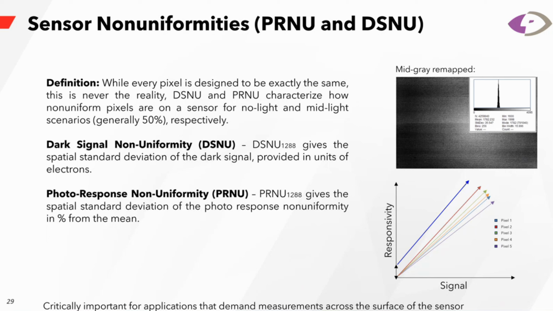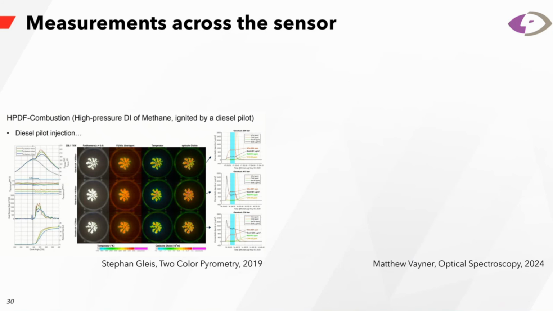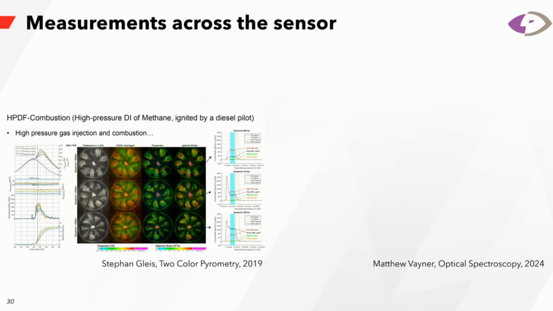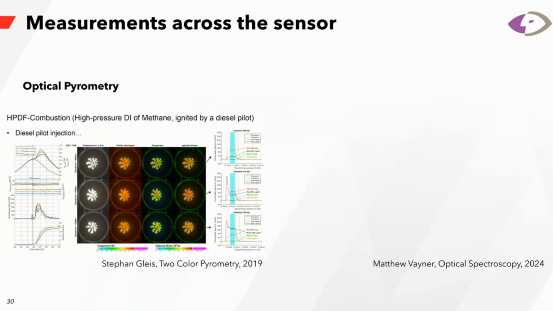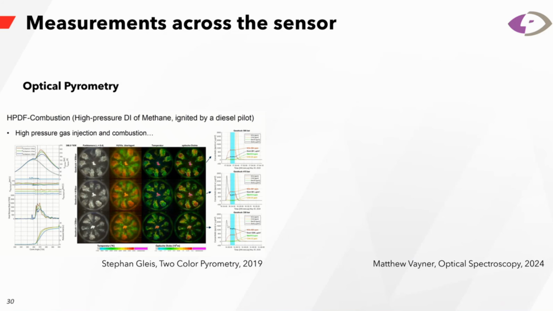So a really nice example of this is optical pyrometry. Optical pyrometry is a 2-color imaging technique that allows you to capture temperature information using a color high-speed CMOS sensor. In this case, it's looking at diesel injection and combustion. Optical spectroscopy is another one.